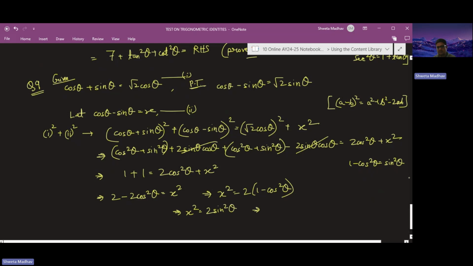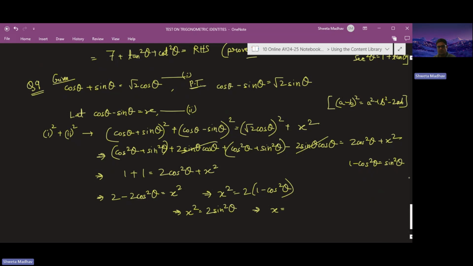Therefore x will be equal to root 2 sin theta. So hence proved that the value of cos theta minus sin theta is root 2 sin theta.